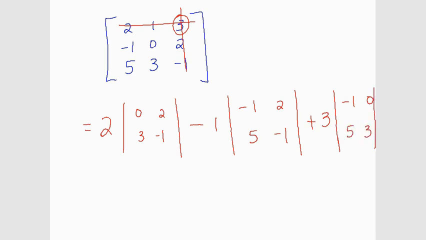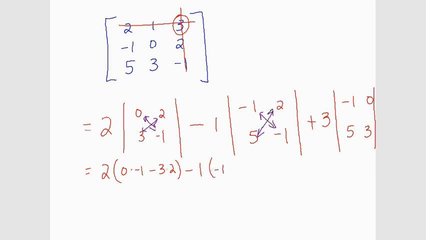All right, let's remember we're going to cross multiply here. Okay, and I don't mean cross multiply in the traditional sense. So that's 2 times 0 times negative 1 minus 3 times 2. We'll do the same here. I get a negative 1 times a negative 1 and a 5 times 2.